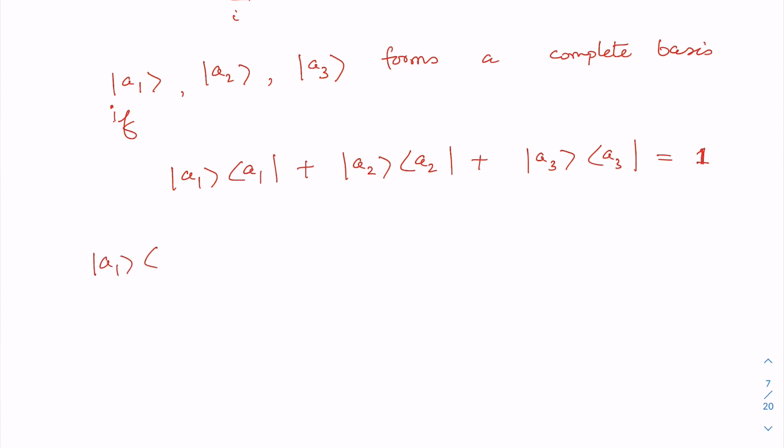You have ket a1 bra a1. Ket a1 is 1 by root 2 times (1, 0, minus 1), and the bra is going to be a row vector, so you'll have 1 by root 2 times (1, 0, minus 1).